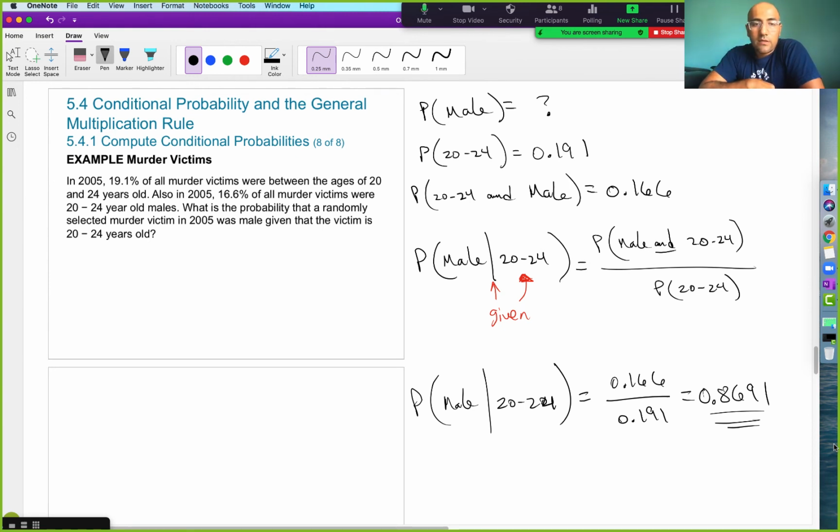So clearly a lot more males in this age range die of murder than females, right? The complement must be true, right? If not a male, there must be a female.